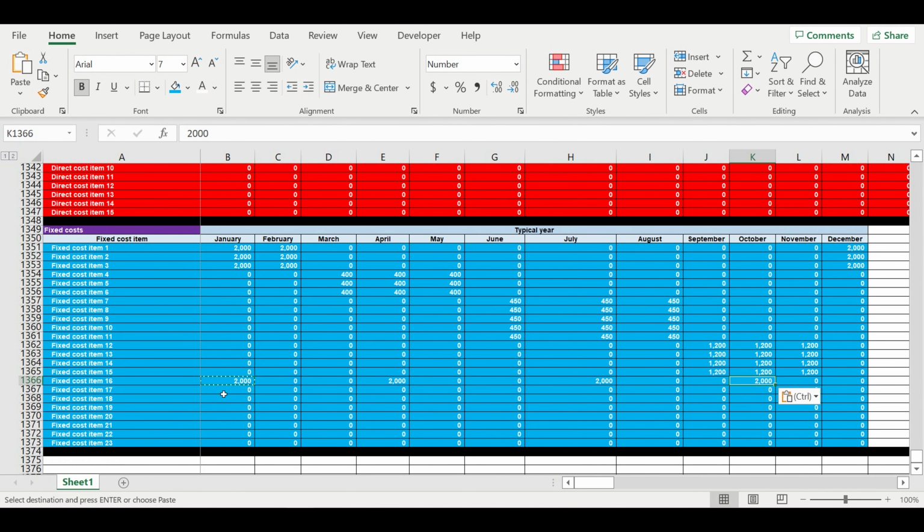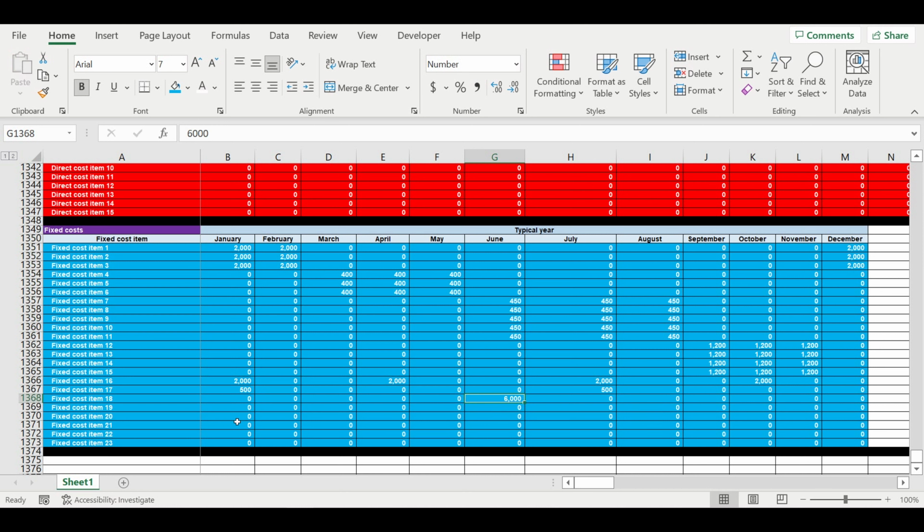Other fixed cost items may be paid once every half year, 1 2 3 4 5 6. Some of them may be paid just once a year, for example in June.